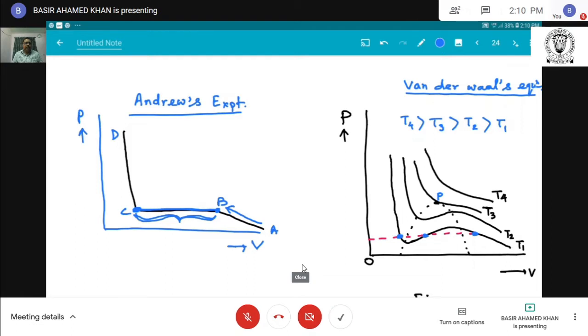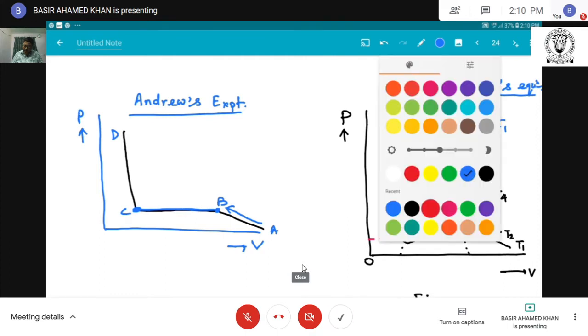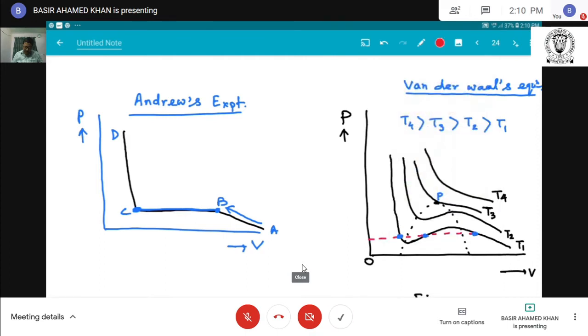By applying large pressure, the volume changes only a little in the region CD. So in the experimental curve we get the horizontal portion here.